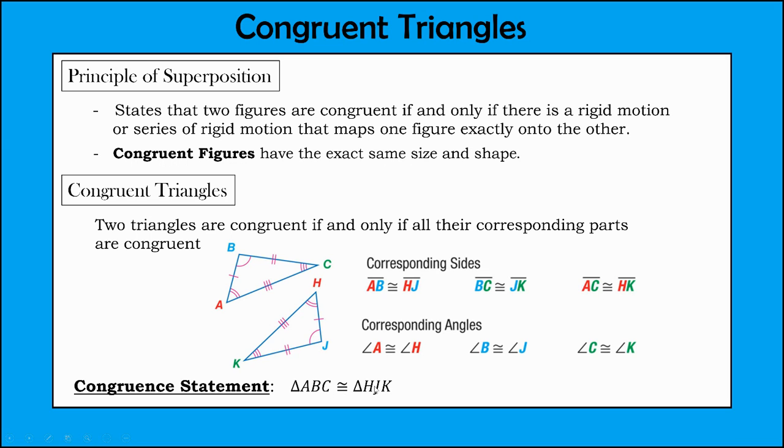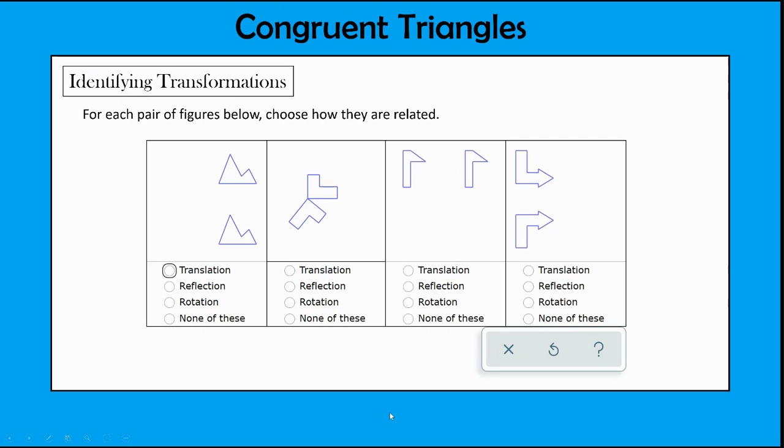And then C and K are the last ones. So you got to match up the corresponding angles, and that will also match up corresponding sides. AB and HJ were the same. BC and JK were the same. AC and HK were the same. So a congruent statement is telling you exactly what parts correspond. So you have to write the congruent statement correctly.